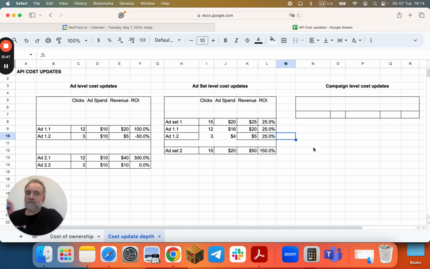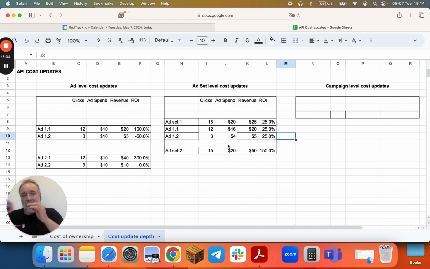Amazing, isn't it? This one, of course, expected. But now, instead of having a very clear decision, you don't have a clear decision. You just have 2 mediocre ads.